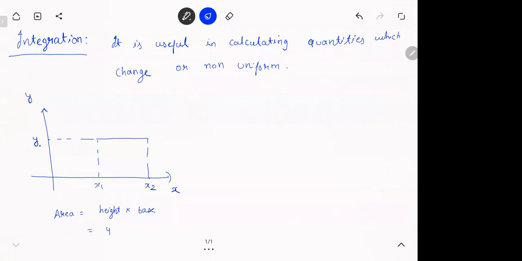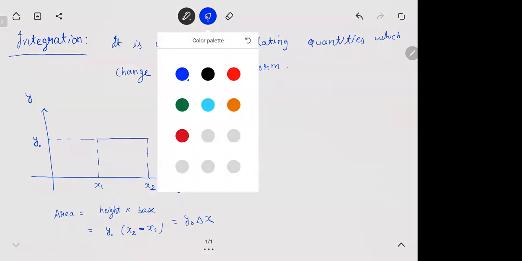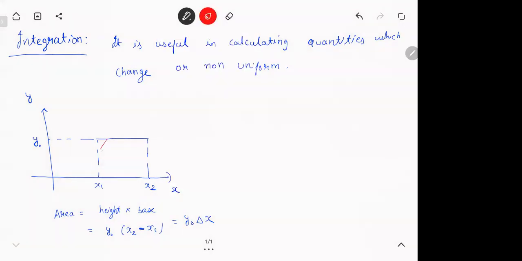So here the height is y0, and the base is x2 minus x1. This can be written as y0 into delta x. Simply it is length into breadth, or height into width, whatever it is. This is the area of the rectangle, so there is no issue as such.